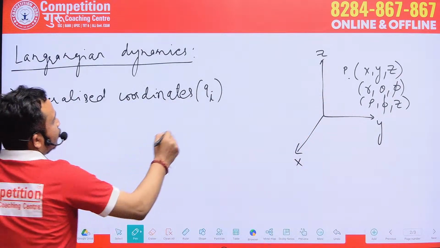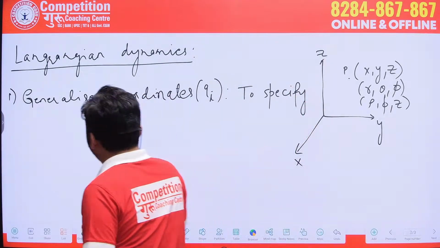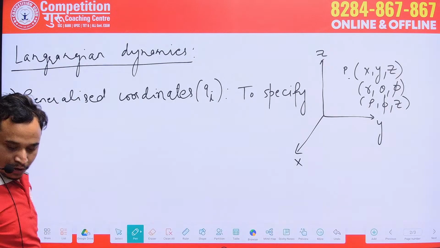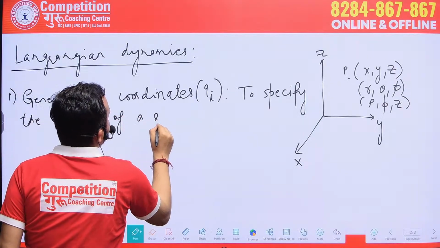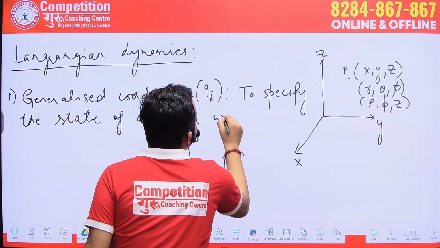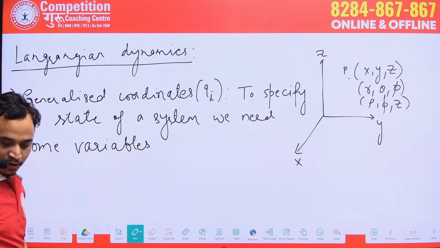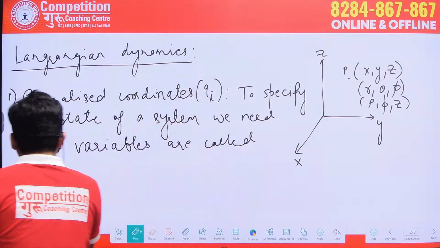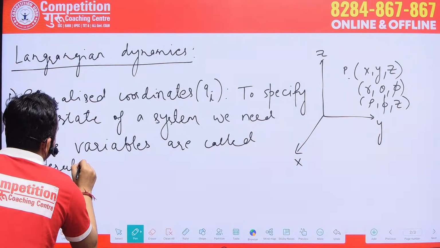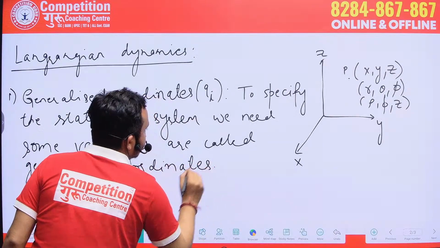To specify the state of a system, we need some variables, which are called generalized coordinates.